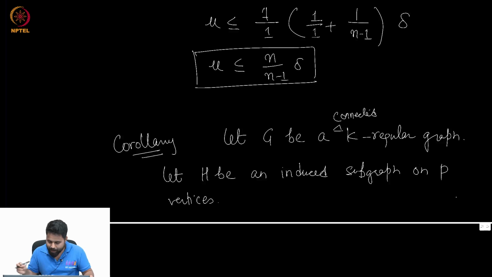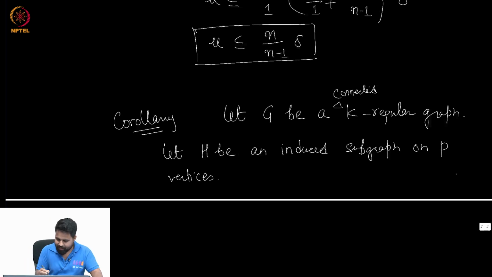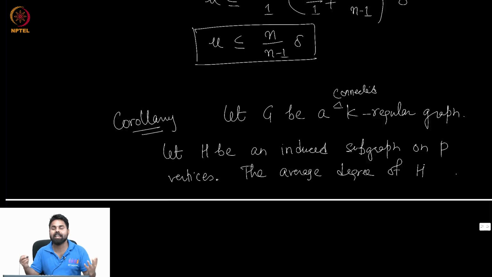The average degree in this case will be the average degree of H. Remember, H is an induced subgraph. We are talking about the average degree inside H, not overall, otherwise it's just K, right? H is our induced subgraph on P vertices, so what will be the average degree?